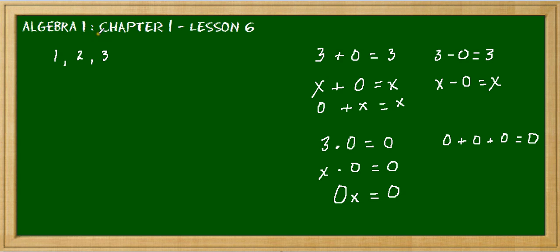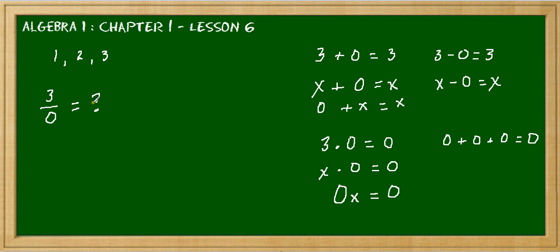If we try dividing 3 by 0, the number 3 divided by 0 would be the number that must be multiplied by 0 to give 3. So what number could we multiply by 0 to get 3? The answer is there is no number, because every time you multiply by 0, you're going to get 0.